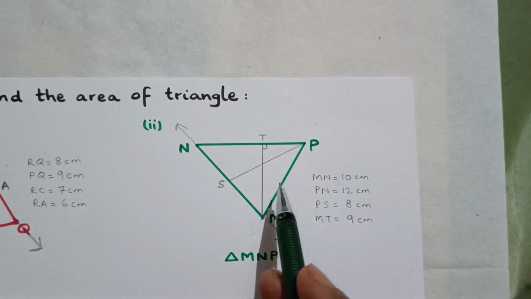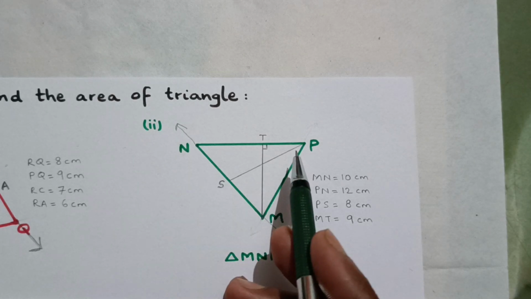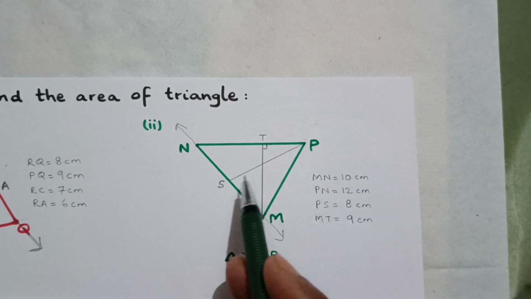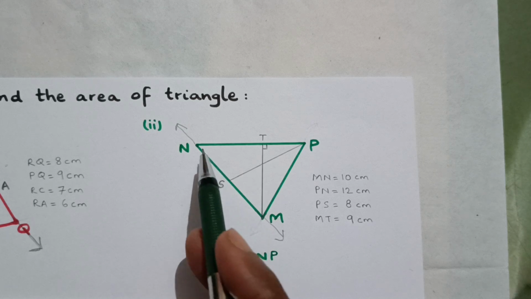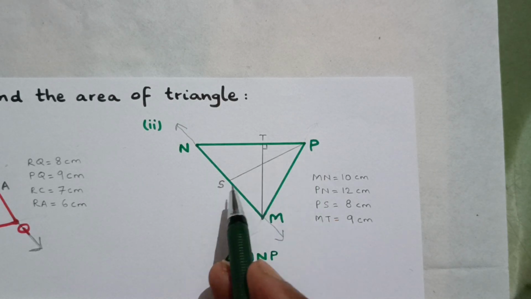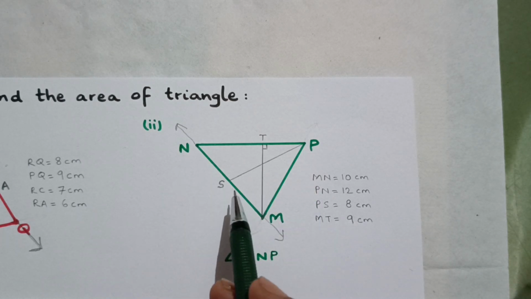But in this diagram, no such line is drawn. So we have not been given the height for the base MN because in this diagram PS is drawn but PS doesn't meet MN at 90 degrees.